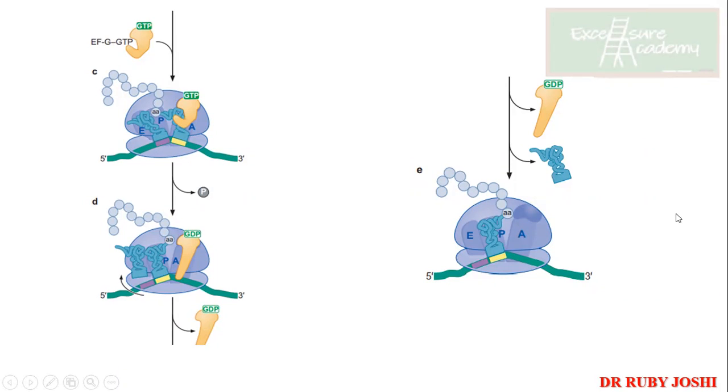Now this is ready for another round of amino acids. So another charged aminoacyl tRNA will come, sit with the help of EF2, and with the help of EF-G, it will be shifted again here. Now if you see, that is what they have located in the mRNA case also.